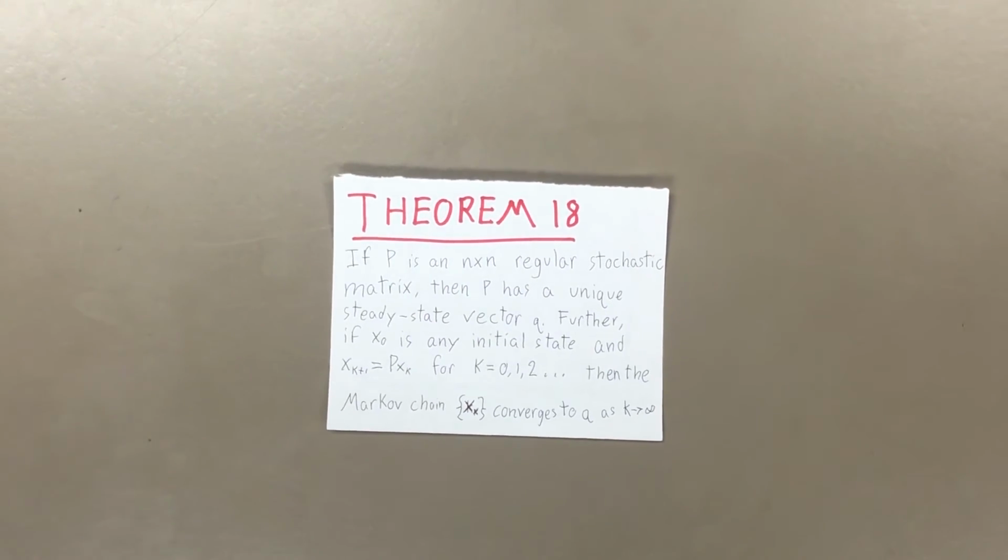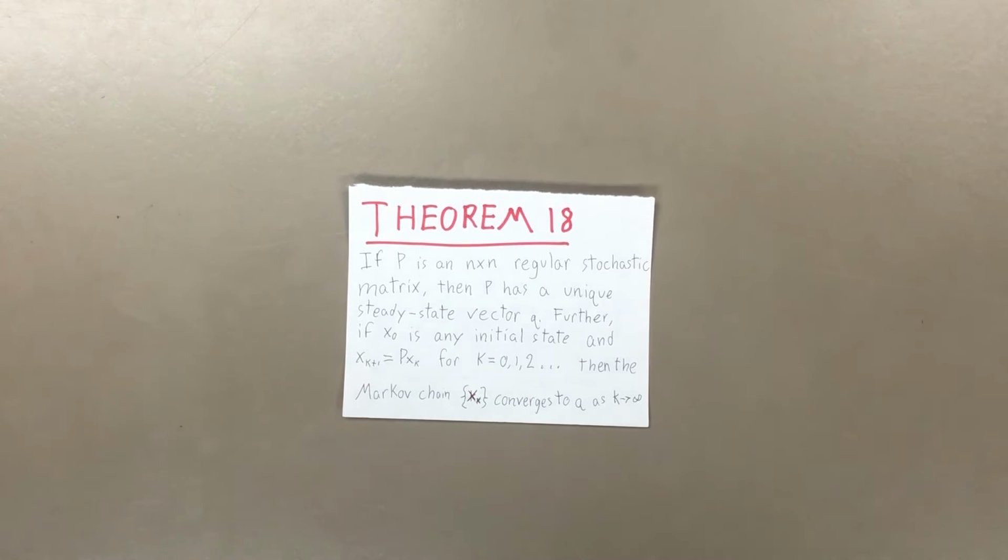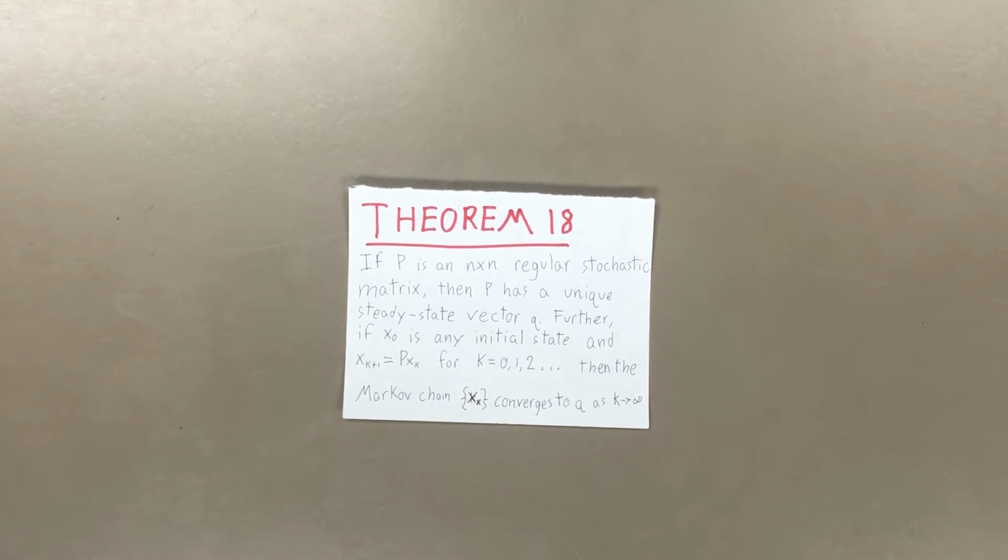So let's take a look at a theorem. Theorem 18 says if P is an n by n regular stochastic matrix, then P has a unique steady state vector Q. Further, if x sub 0 is any initial state and x sub k plus 1 equals P times x sub k for k equals 0, 1, 2, and so on, then the Markov chain x sub k converges to Q as k goes to infinity.